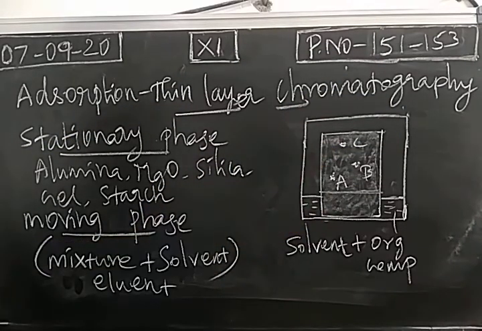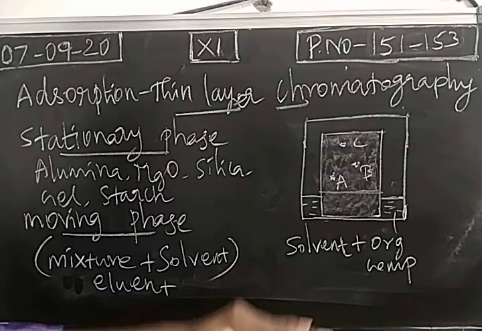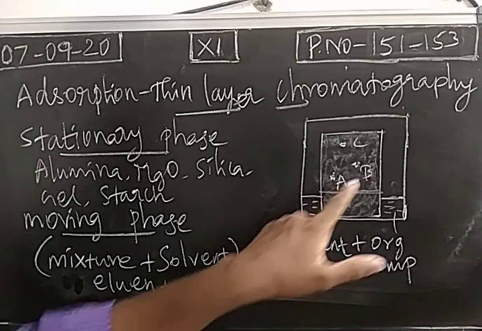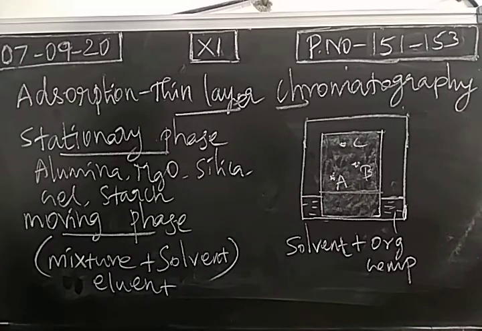At last it is obtained. So based on the adsorption, each component as well as solvent is moving in the upward direction. So we will get the TLC plate. Based on these spots, we can identify what component is present, how much component is present, and what is that component, which can be identified using this thin layer chromatographic technique.